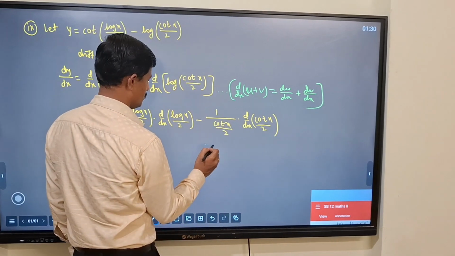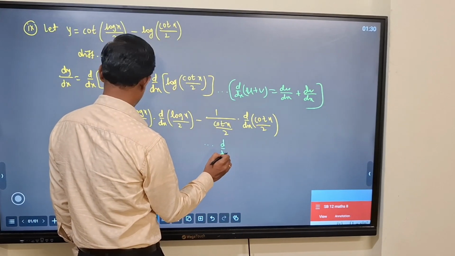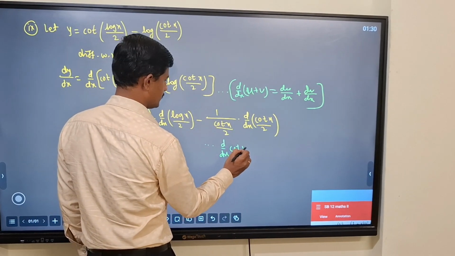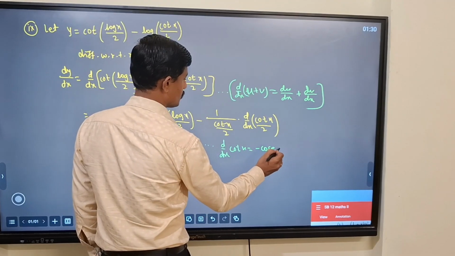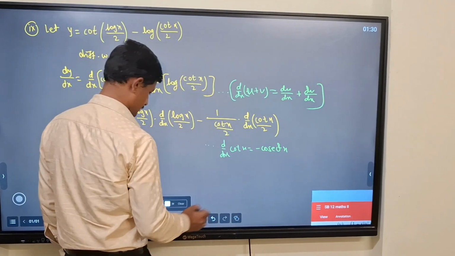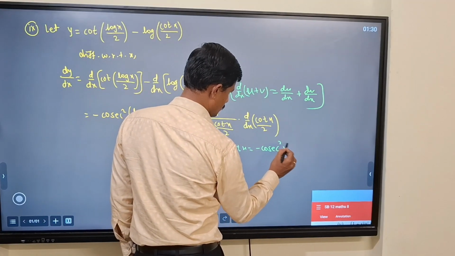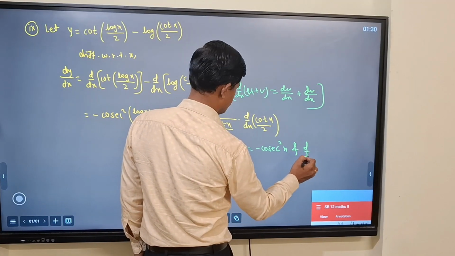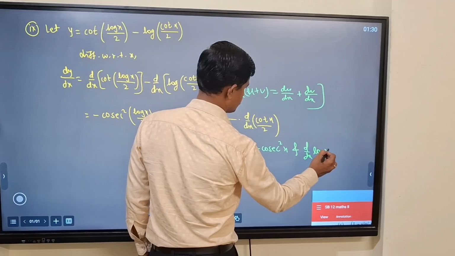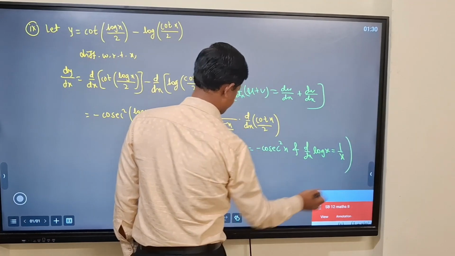Which rules we used? D/dx of cot x is minus cosec square x. This is minus cosec square x, and d/dx of log x is 1 upon x.